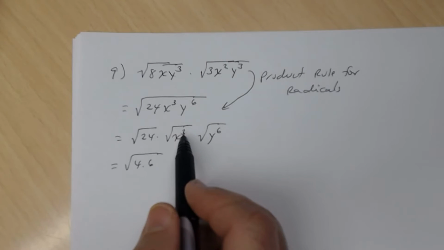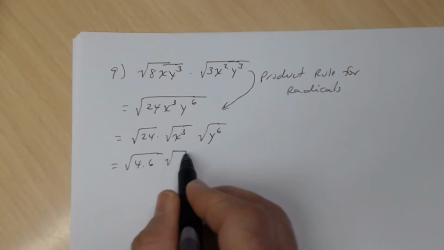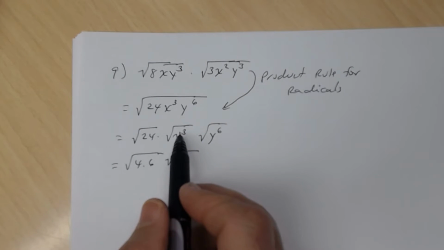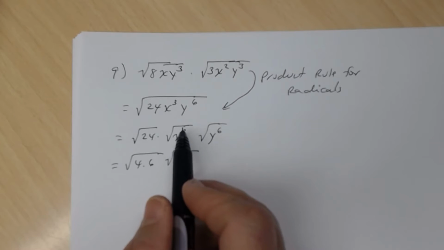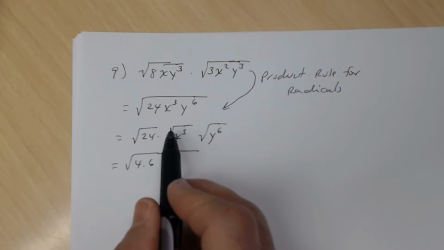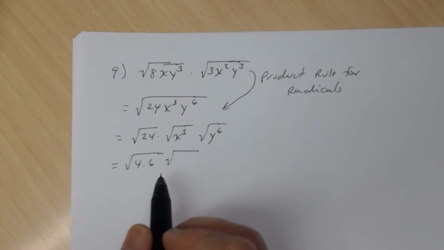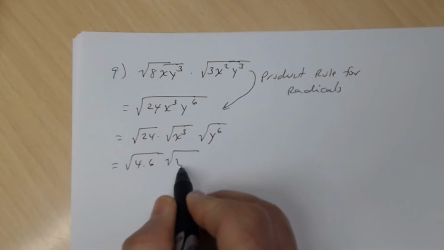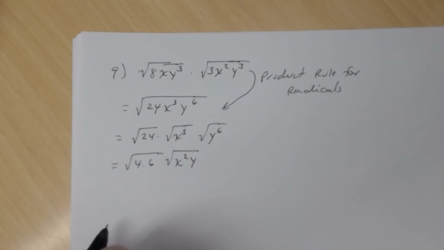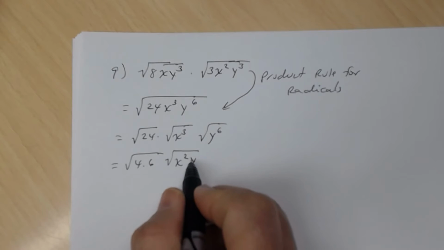But it's an odd exponent, so you've got to rewrite it. So remember, you've got to ask yourself, what's the largest whole number less than 3 that 2 goes into? And the answer is 2. So I'm going to rewrite this as x squared times x, excuse me.